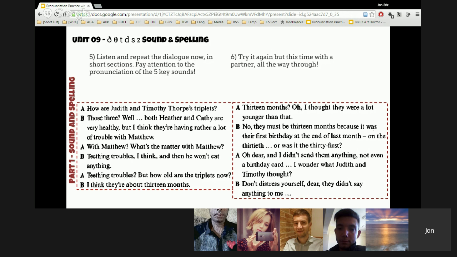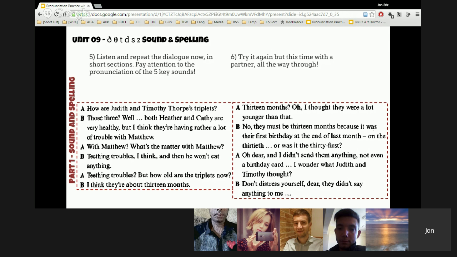How are Judith and Timothy Thorpe's triplets? Those three, well, both Heather and Kathy are very healthy, but I think they are having rather a lot of trouble with Matthew. With Matthew?